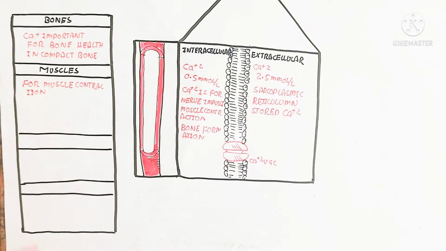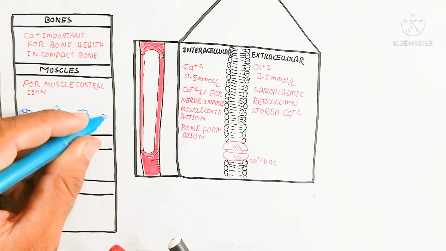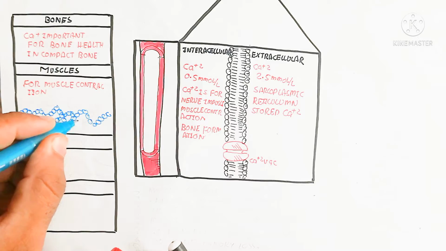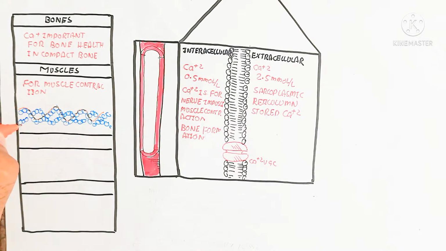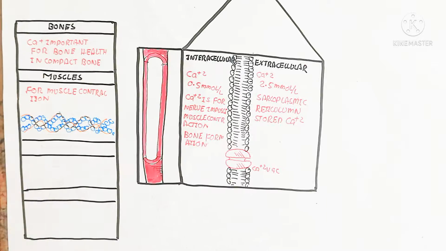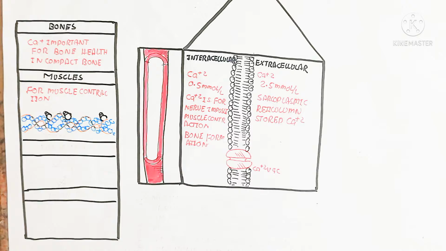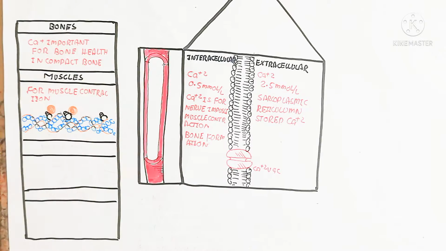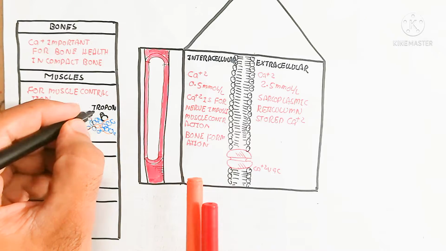Calcium is important for bone health in compact bone, and for muscle contraction through binding with troponin to begin contraction. Here are troponin and actin, and the tropomyosin filament. This is the thin filament, and the thick filament is myosin, used for muscle contraction.